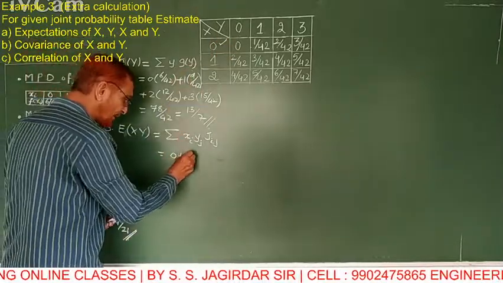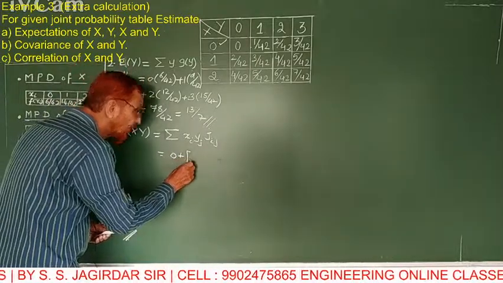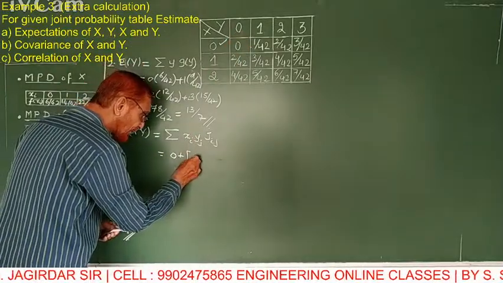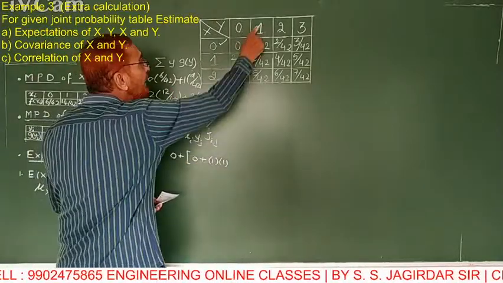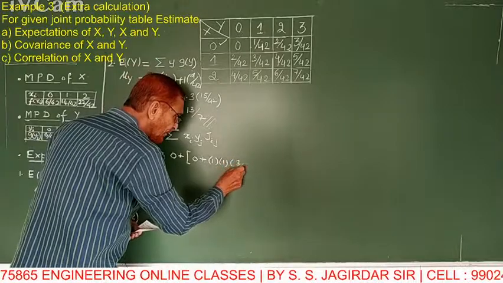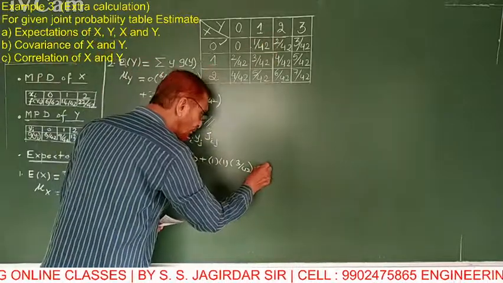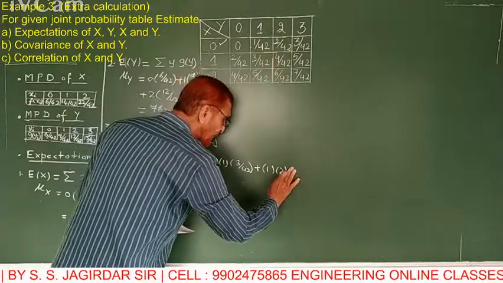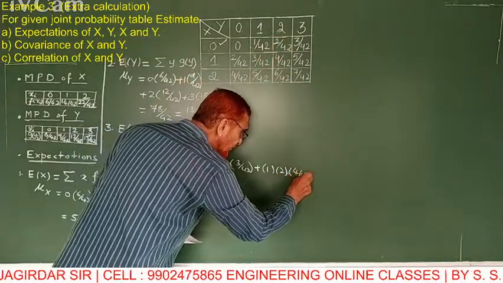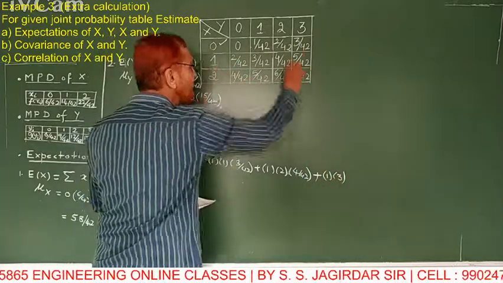Now with 1. So if I work out with 1, 1 into 0 is 0, no need to work out. 1 into 1, and what is the probability? 3 upon 42, and plus 1 into 2, what is the probability? 4 upon 42, and next 1 into 3, what is the joint probability?